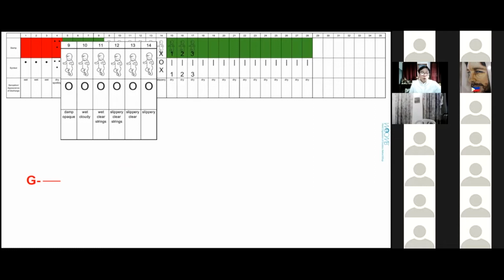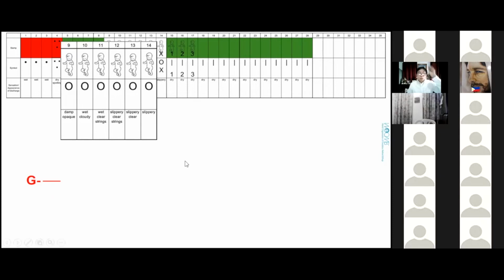The G mucus diminishes the moment there is already an appearance of a mucus. Day 9, G mucus suddenly begins to what? To decrease in terms of amount. No? The cervix now will be what?